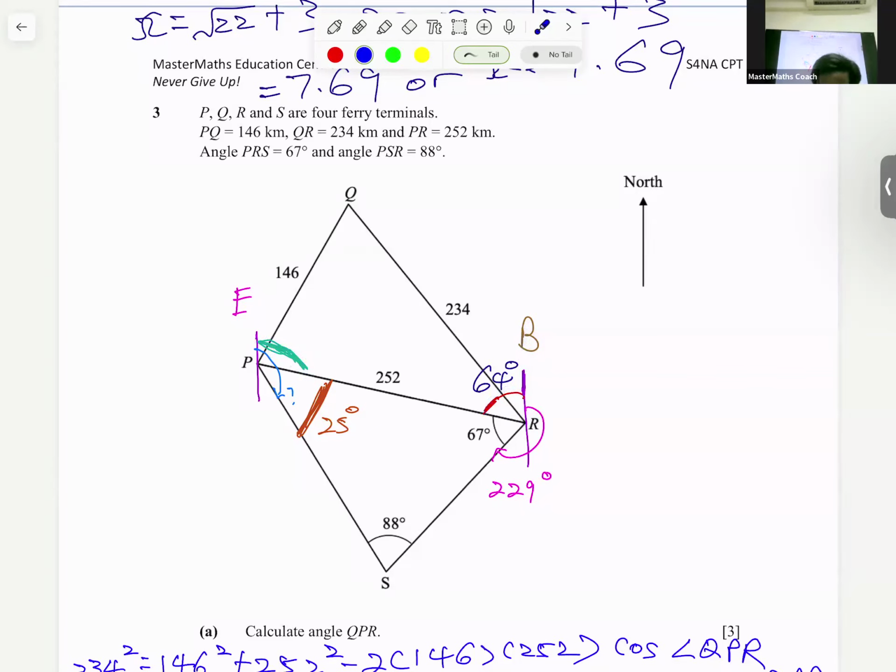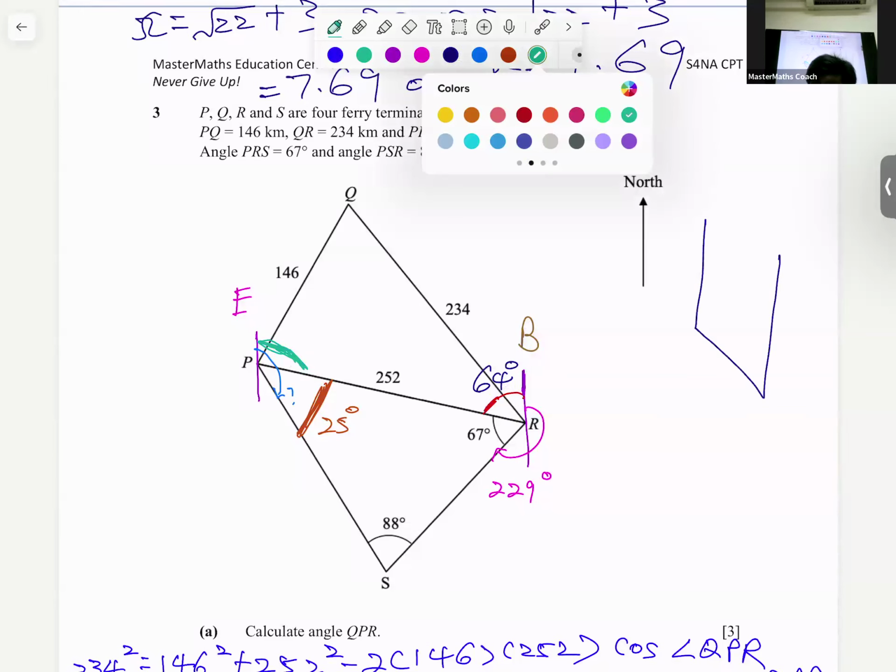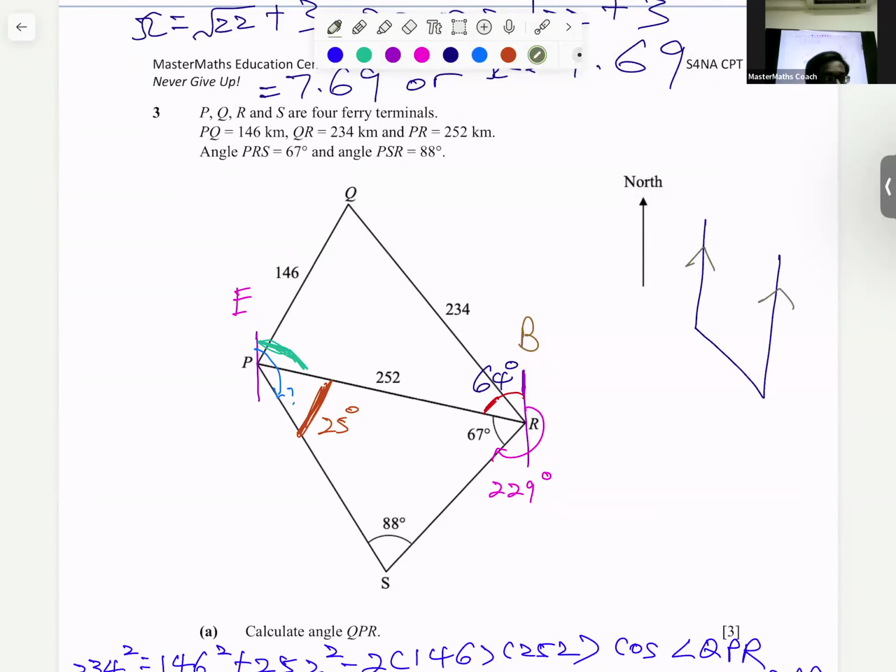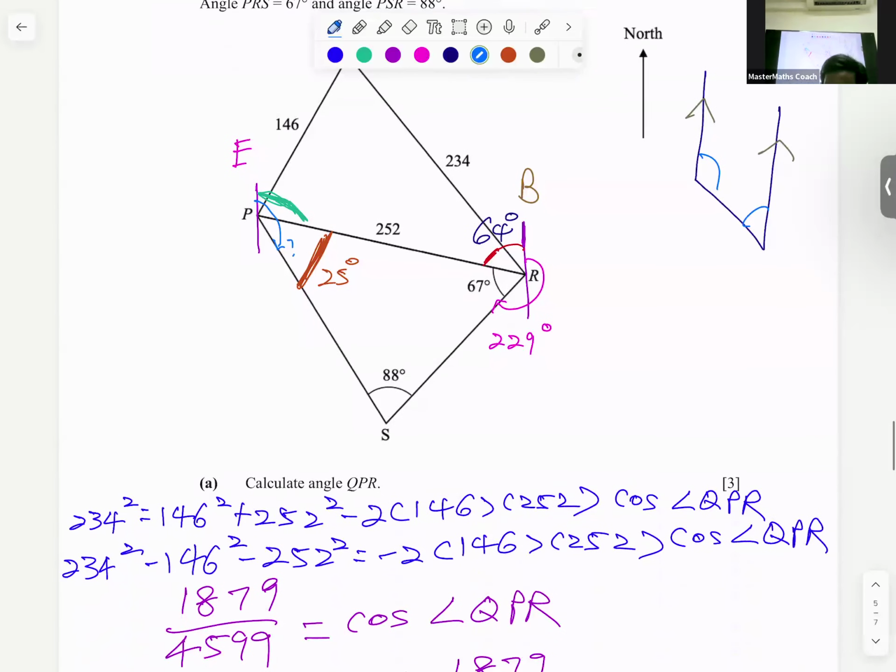Let me draw: when these two lines are parallel, then these two angles will add up to 180 degrees. That's what's happening here. This line is parallel to this line.